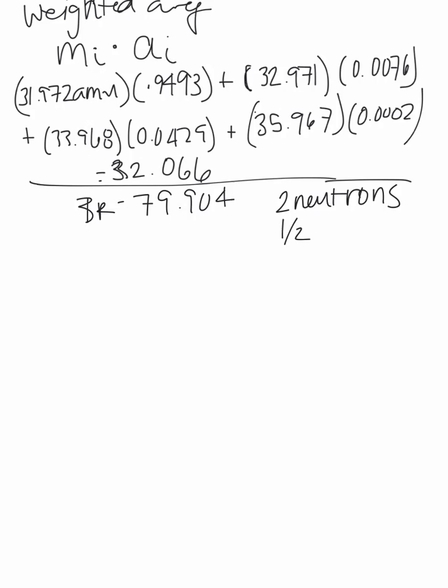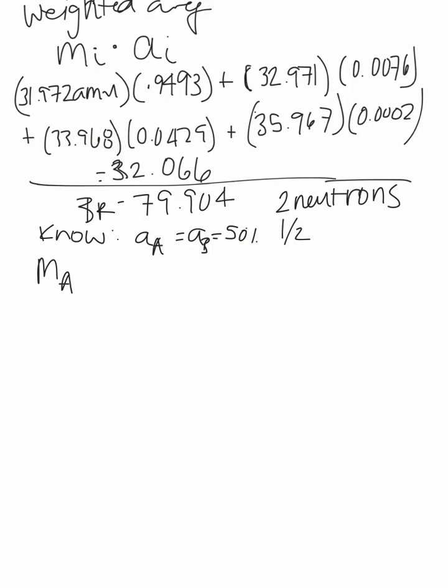So if we pull in the equation we just started for sulfur, we know that the abundance of isotope A is equal to the abundance of isotope B, which is equal to 50%.